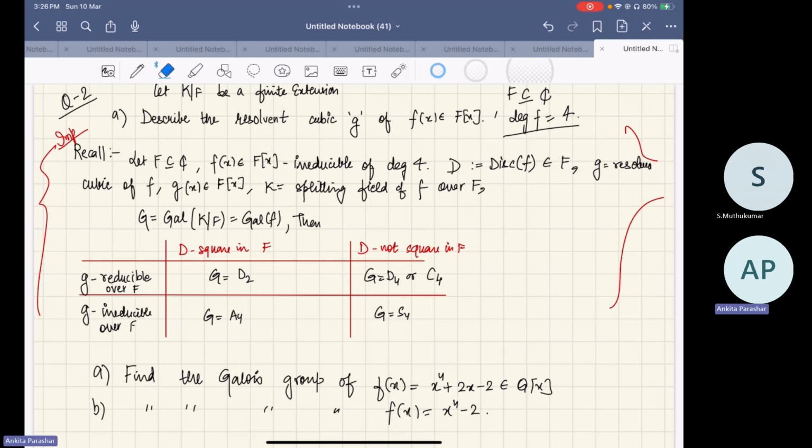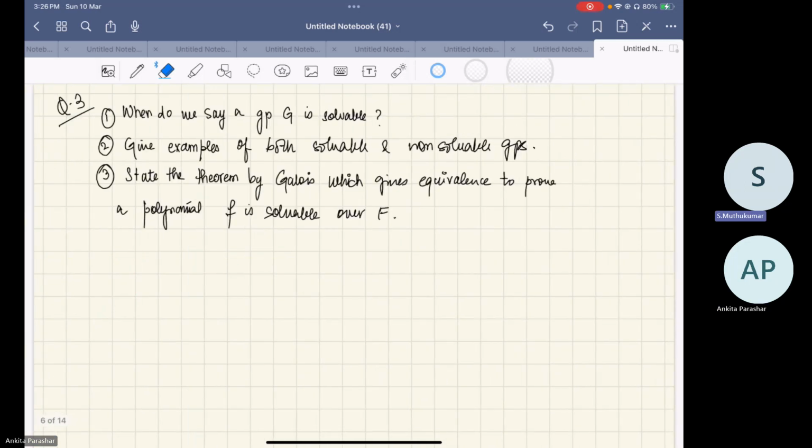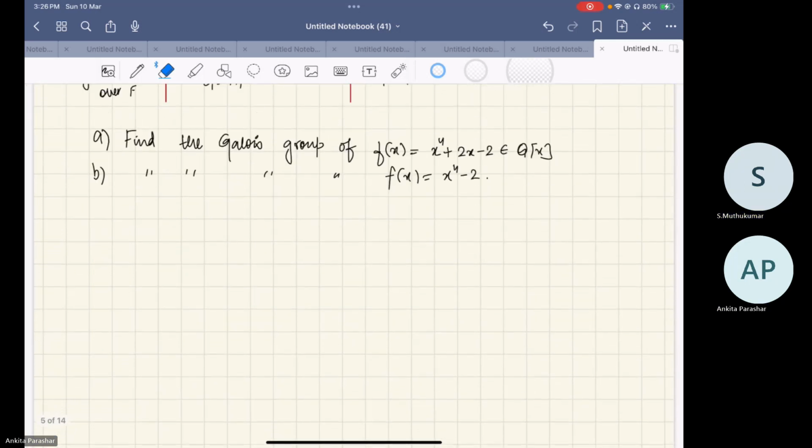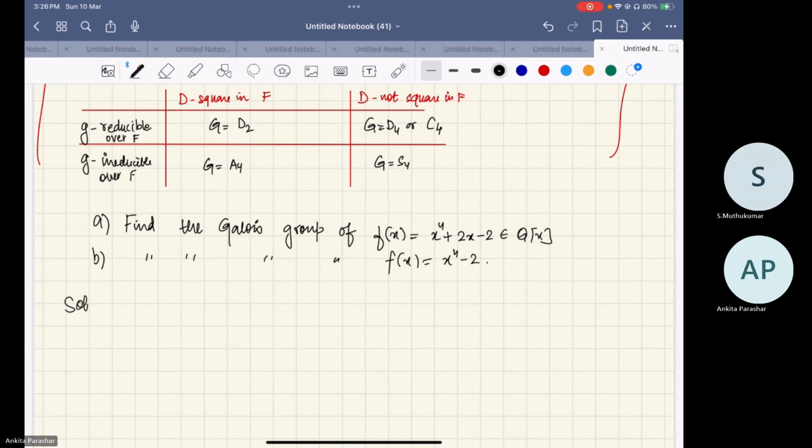Now, what is the resolvent cubic? It is x minus beta 1, x minus beta 2, etc., where beta 1, beta 2 are calculated using roots alpha 1, alpha 2, etc. So first of all, in order to describe that, we have to know the roots.